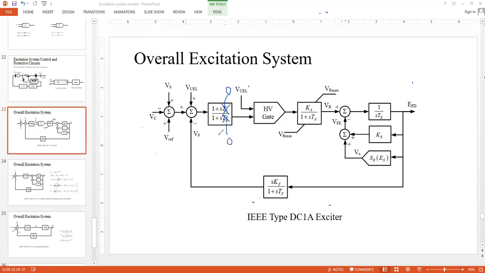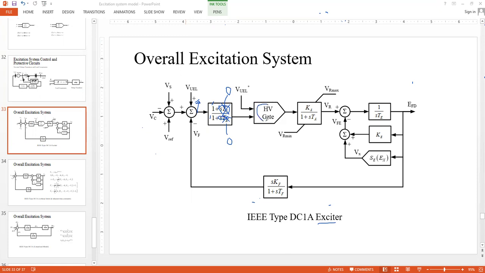These model some internal dynamics of the DC type exciter, but they are very small in value. So to simply pass this signal, you take TC and TB equal to 0, so that you get rid of any differentiation or integration there. So simply you pass the signal on.